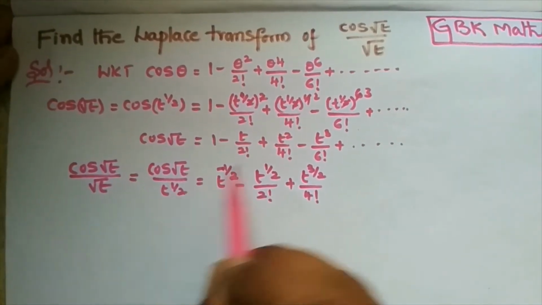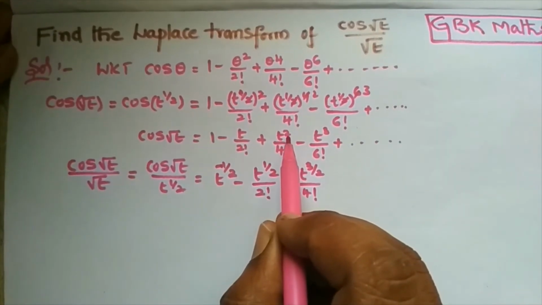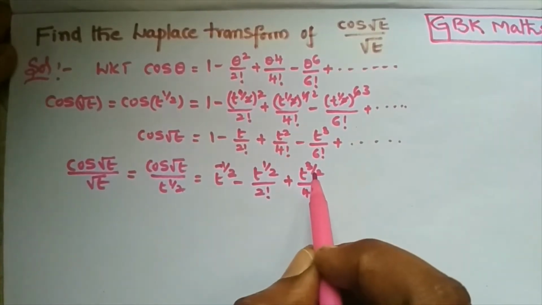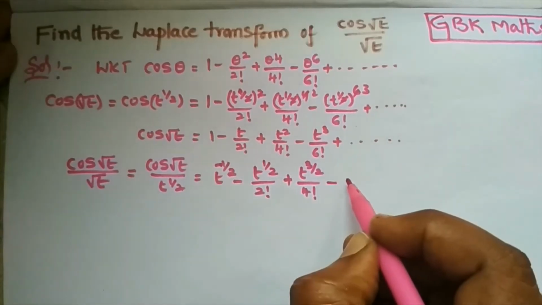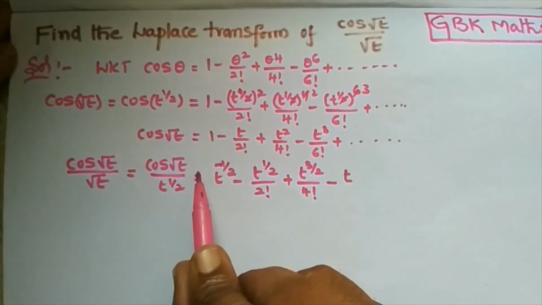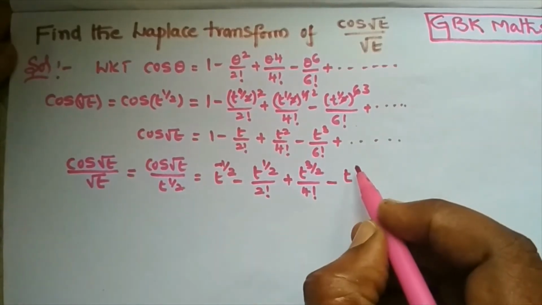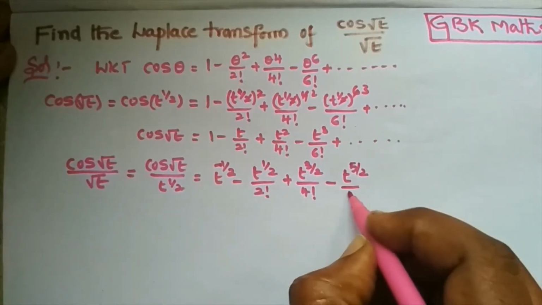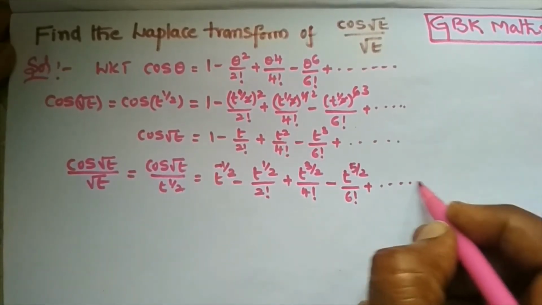The numerator goes to t power 2 minus 1 by 2, that is t power 3 by 2. Minus, t cube is already there, t power 3 minus 1 by 2, that means t power 5 by 2 by 6 factorial plus and so on.